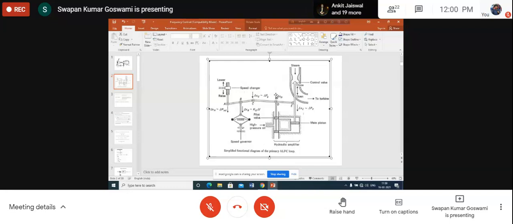A downward direction of D is considered positive. Similarly, xC represents the position of C, delta xC represents the change in the position of C, and again a downward direction of C is considered positive.